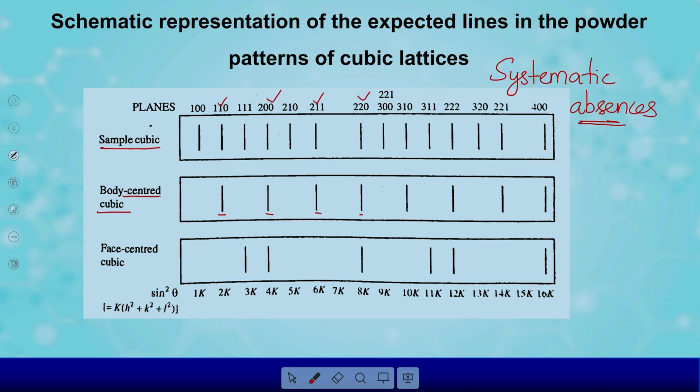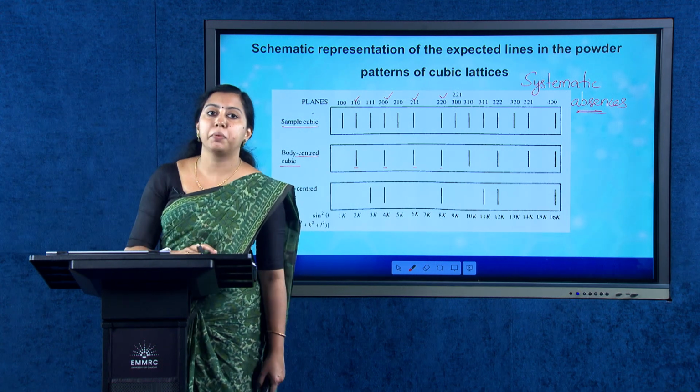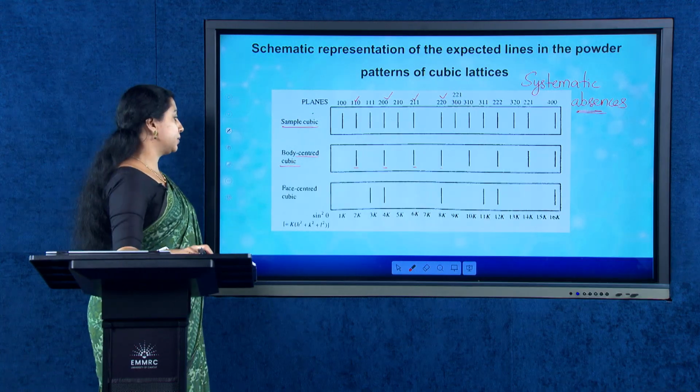So, systematic absences or missing reflections are common in a BCC lattice.